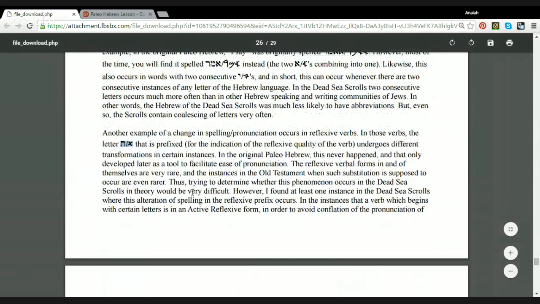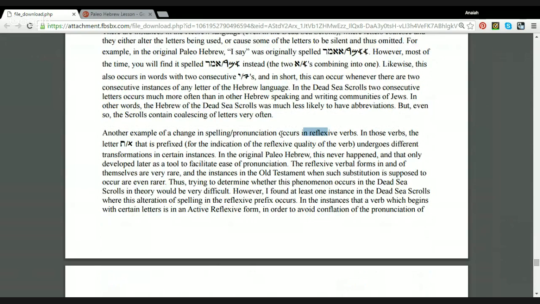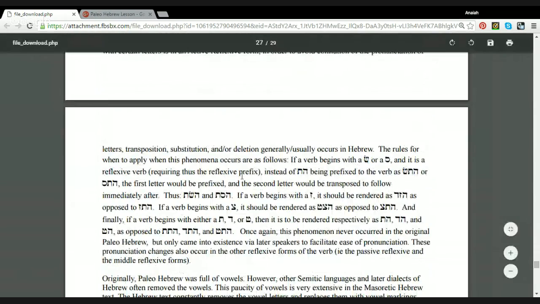And you see in reflexive verbs, there's a tense in verbs that's reflexive. You see it also in the Dead Sea Scrolls, where sounds change. If a verb begins with an S or a samech, it is a reflexive. Wait, hold on.